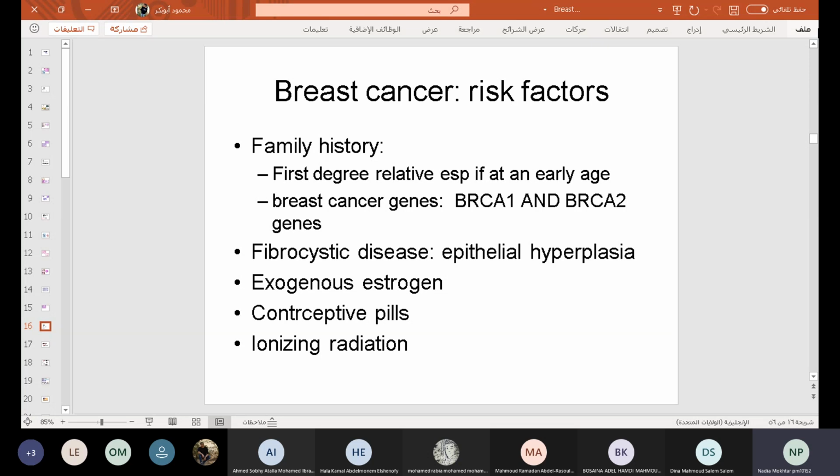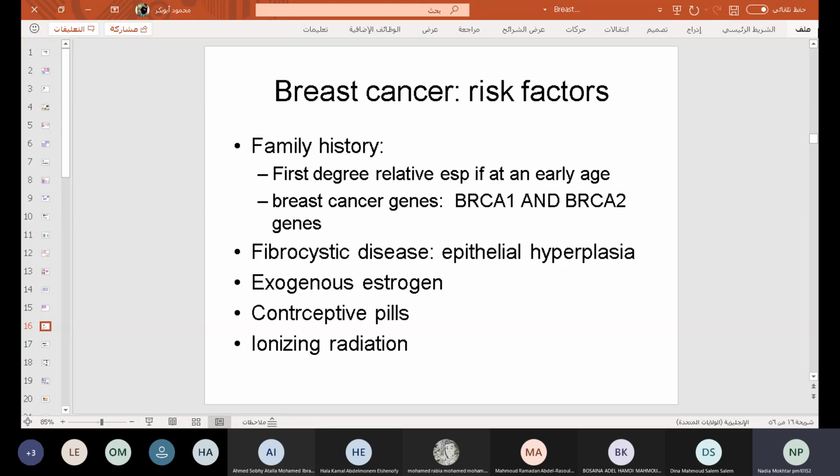A lady comes to the clinic and says my mother had breast cancer, or my aunt, or my grandmother, whatever. Family history is very important because, as you know, any disease or any cancer is genetic in origin. It develops due to some genetic change.